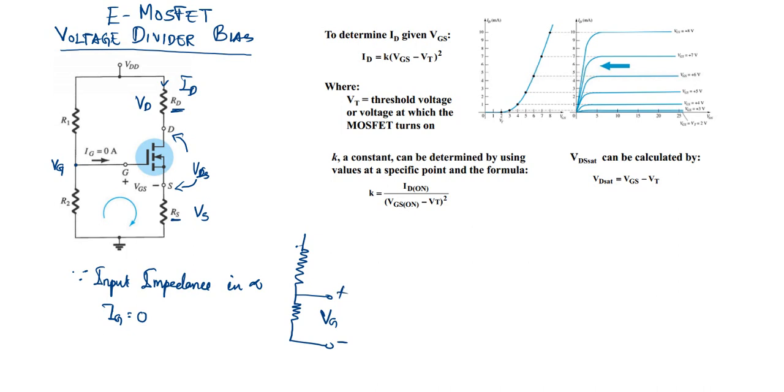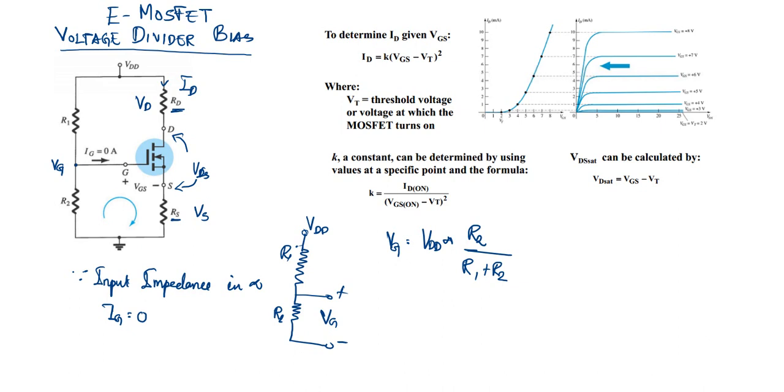Since this is VDD, here we have R1 and R2. By applying the voltage divider rule, we will get Vg is equal to VDD multiplied by R2 divided by R1 plus R2.